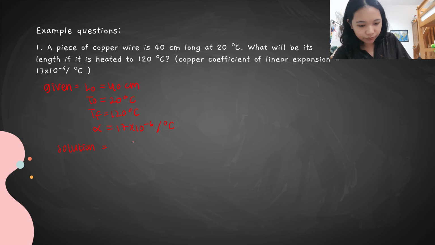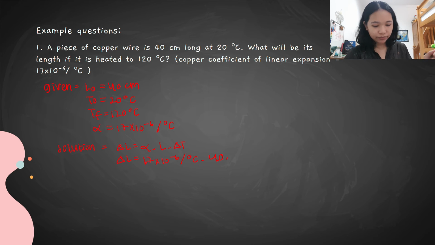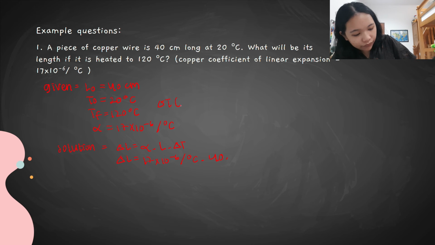So the change, delta L equals to alpha times L times delta T. So what will be its length? Okay, so delta L equals to the alpha, which is 17 times 10 raised to negative 6 over degrees Celsius times the initial length, which is 40 centimeters, times delta T, which is the final temperature minus the initial temperature.